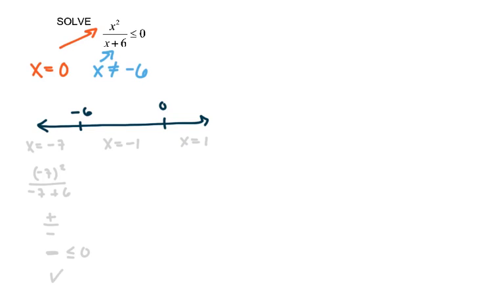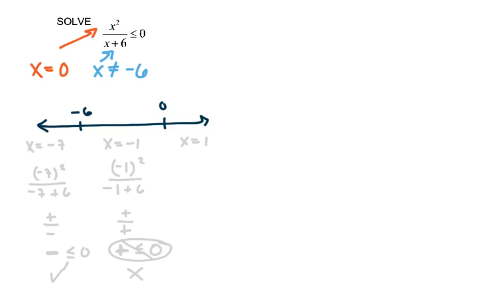So this region is a go. Negative 1 squared over negative 1 plus 6. Here we end up with positive over positive, and positive is not less than or equal to 0. That's a false statement. So we cannot include that region.